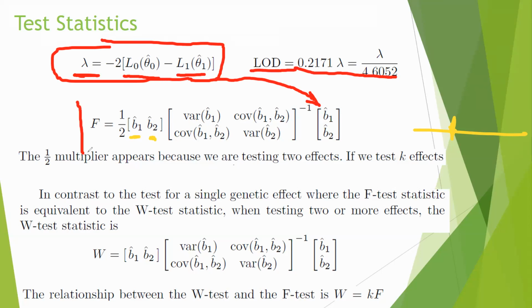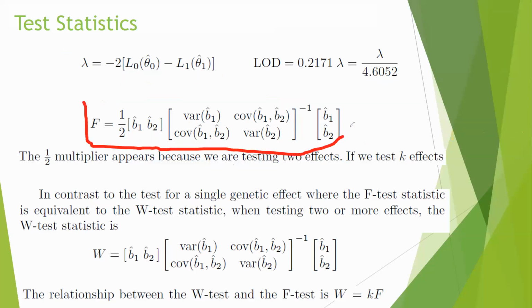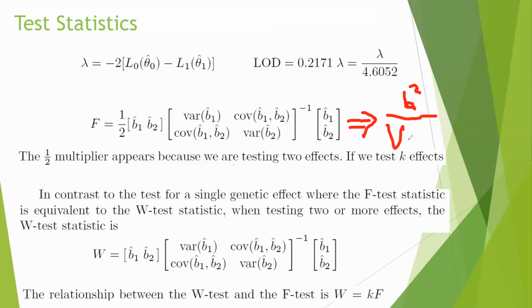And also, there's another way to test these genetic effects. We can use the F test. So this is something we have learned before, right? I hope to remind you of this. This is a matrix notation. Actually, you can treat this as something like B squared divided by the variance of the B estimation, right?